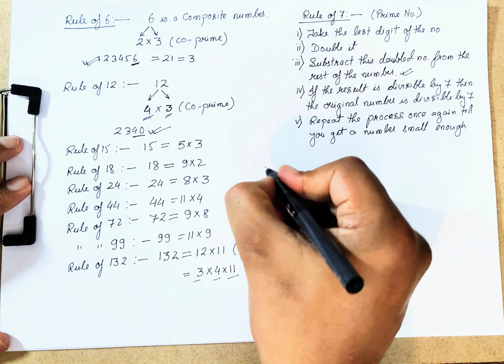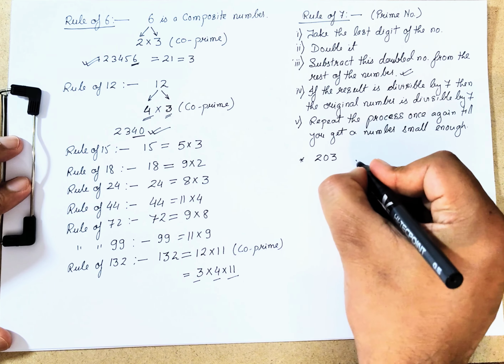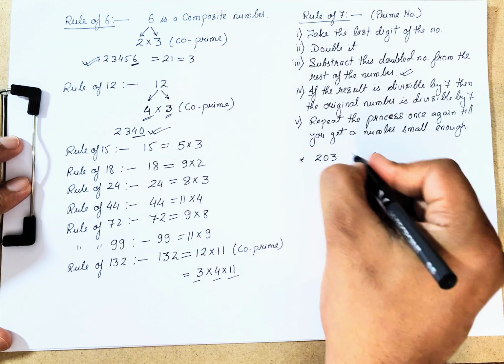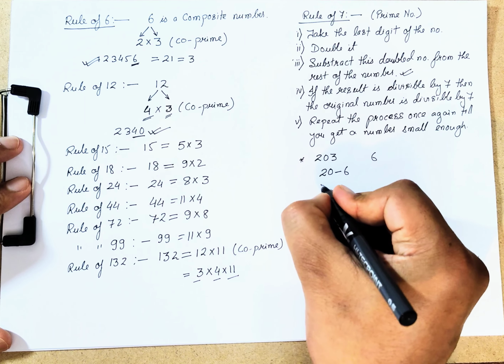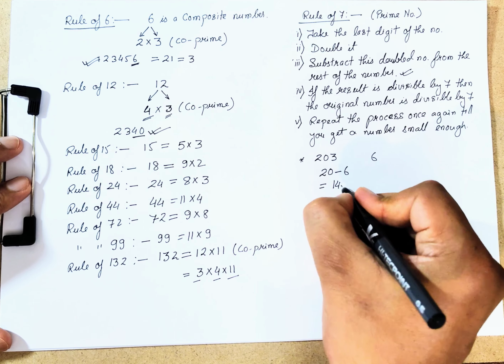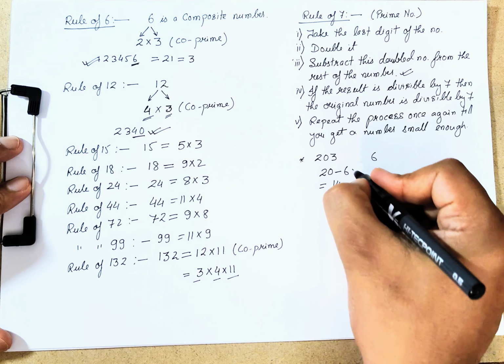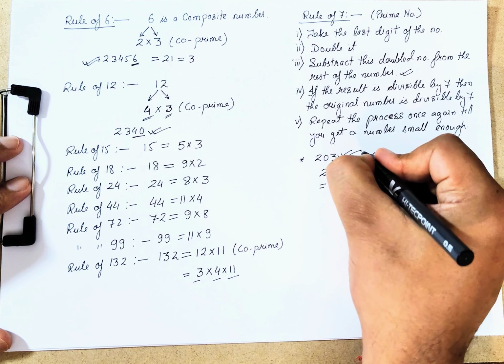203. So is 203 divisible by 7? We will take the last digit of the number and double it, which is 6. We'll take the remaining number, which is 20, and subtract the double of the last digit, which is 6. What we get is 14, and 14 is divisible by 7. Hence 203 is also divisible by 7.